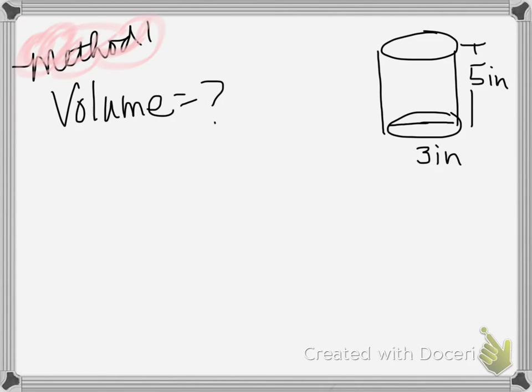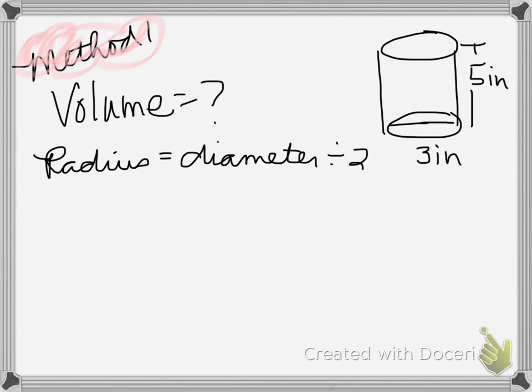Well, we have to first find the radius, and we know that our radius is equal to our diameter divided by 2. So if we take our diameter, which is 3, and we divide it by 2, we now have our radius. So our radius is 1.5 inches.